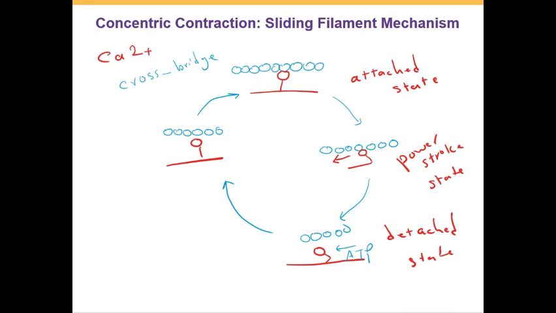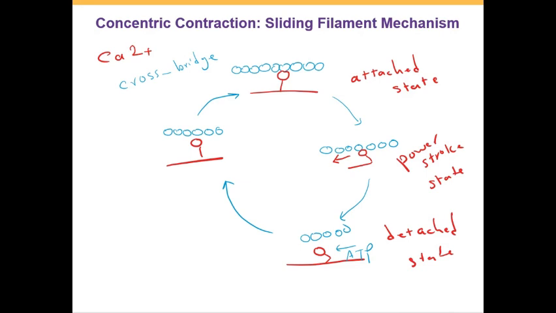We have the attached state when there is calcium in the cytoplasm. The myosin head and actin are bound together, and then we have the power stroke when the myosin is super excited, full of energy, and pulls the thin filament or actin toward the center, and then it gets a little bit tired.